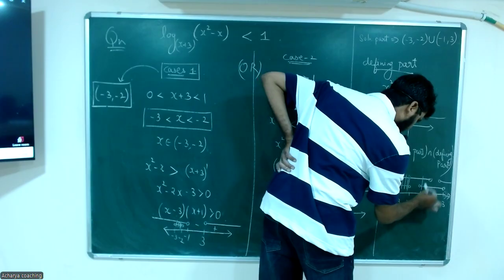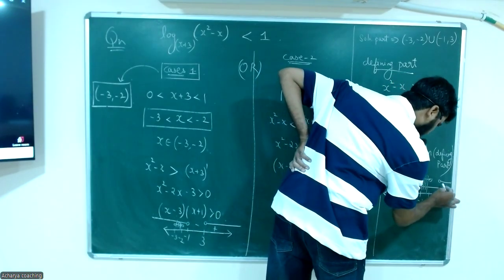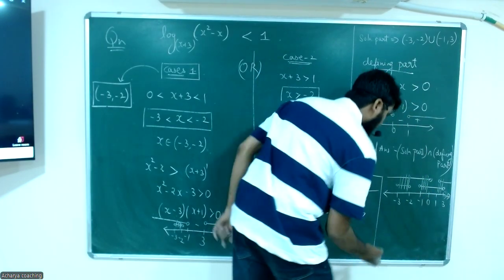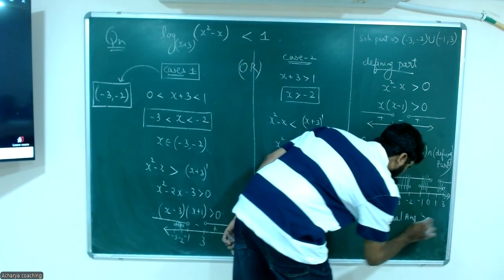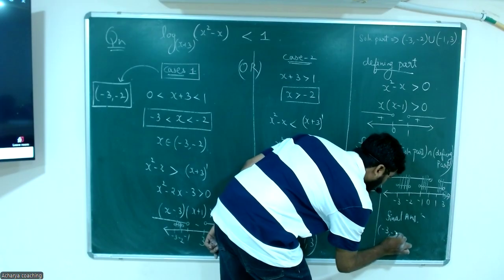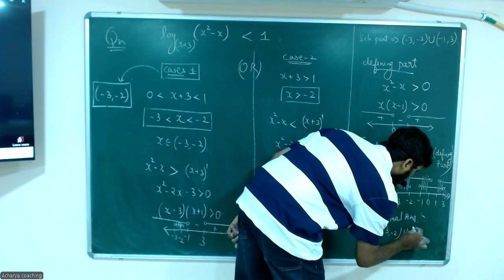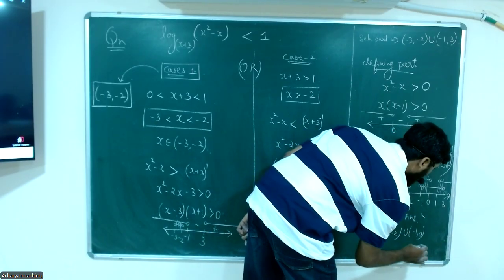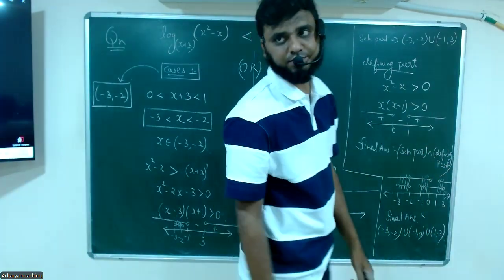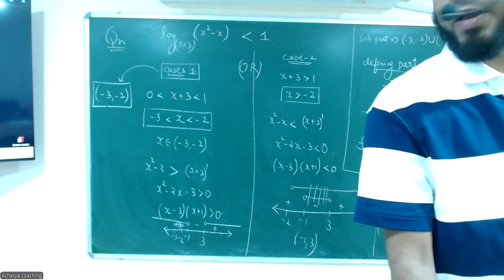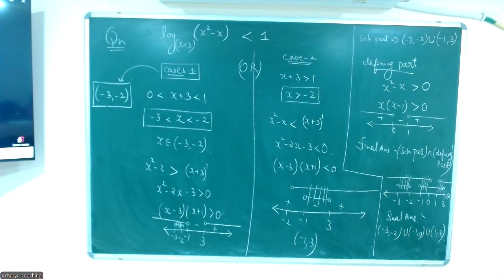Next, this is common. Next, this is common. So what is the final answer? Minus 3 to minus 2 union minus 1 to 0 union 1 to 3. So this is our final answer. If you have any single doubt in this, you can ask.